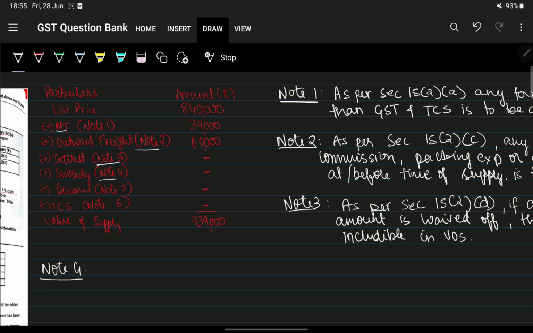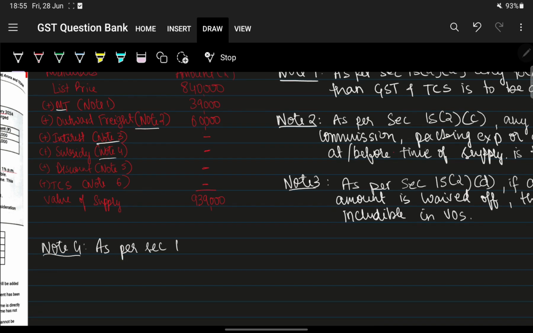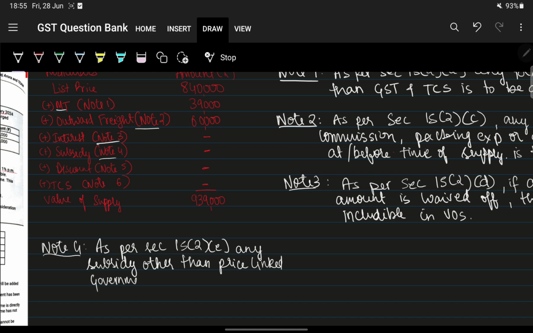As per section 15 subsection 2 clause E, any subsidy other than price linked government subsidy is not to be subtracted from the value of supply. That is note 4.